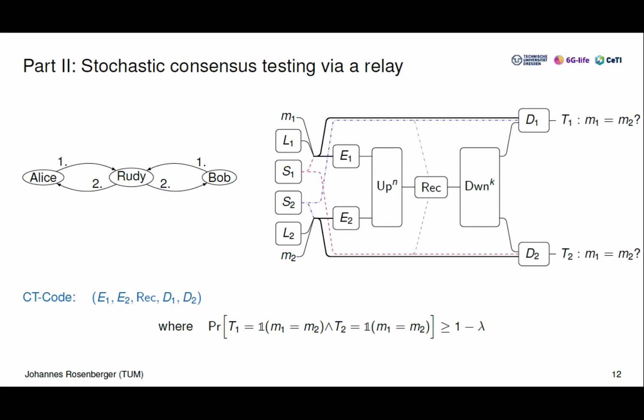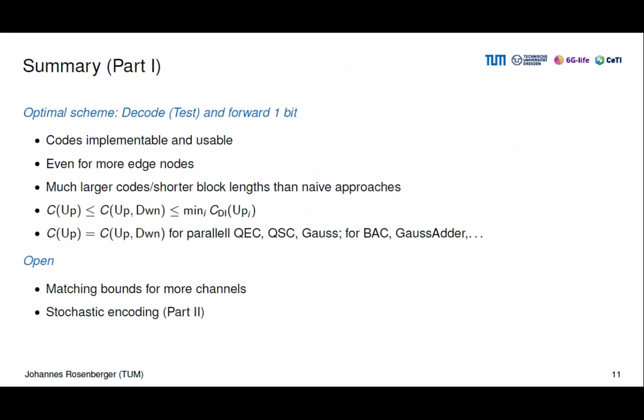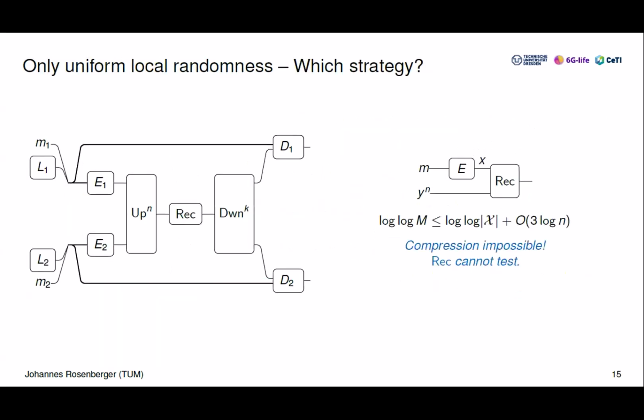But without an additional input, this encoder can't compress anything, if the recoder should in the end be able to compute the function, to completely compress to the 1 bit. So if Rudy should be able to do it, then the encoder can't compress. That means Rudy would have to know exactly the message, so you would have to transmit the message to the relay so that the relay can compute it, if you don't have common randomness or so.